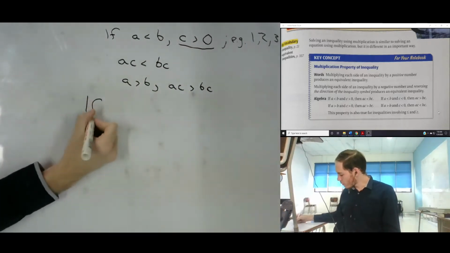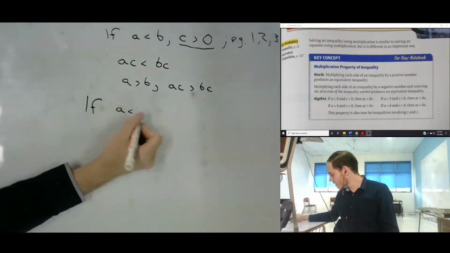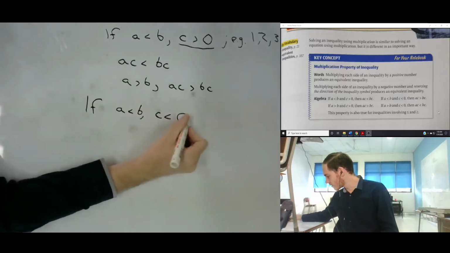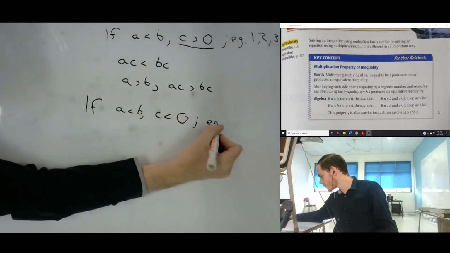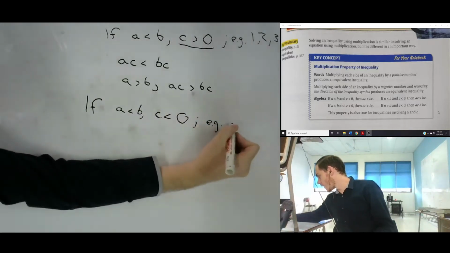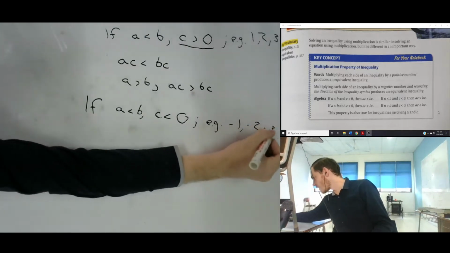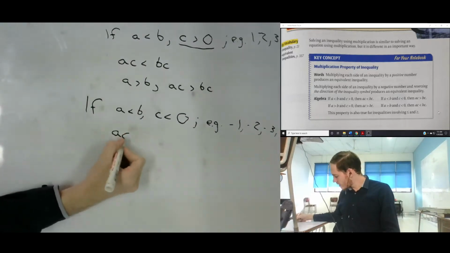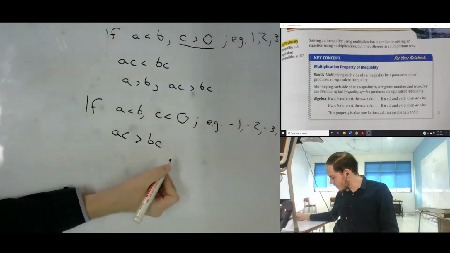Now, what if you have A is less than B and C is less than 0? This example would be -1, -2, and so on. Then AC is going to be greater than BC.